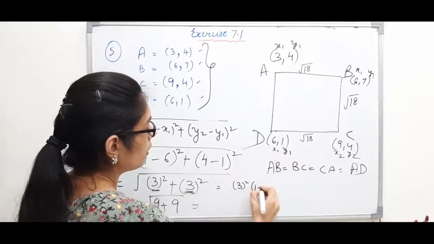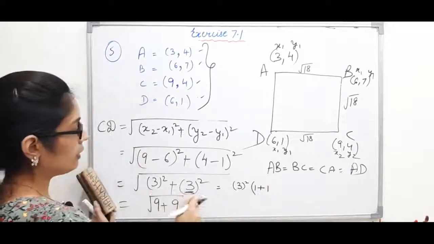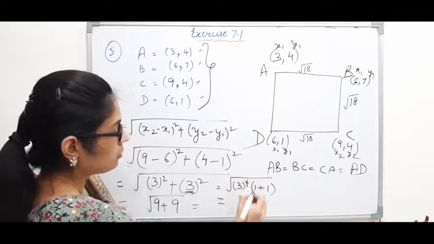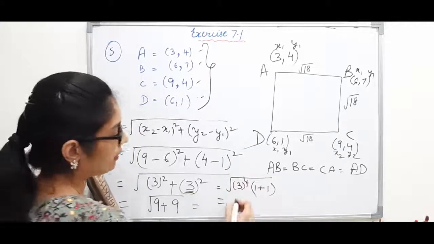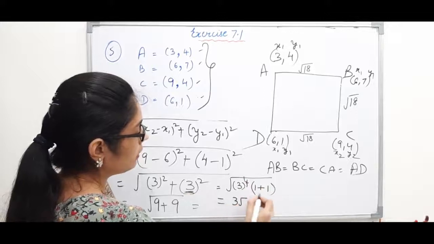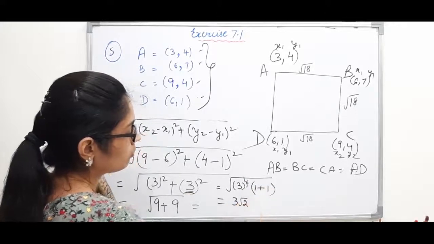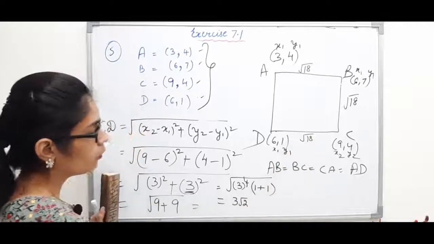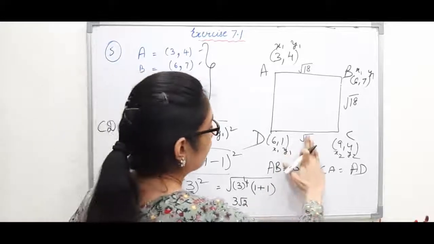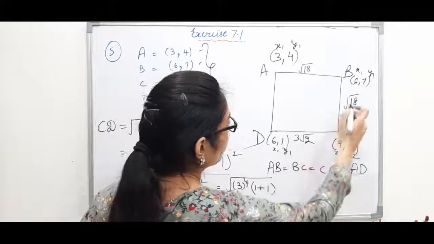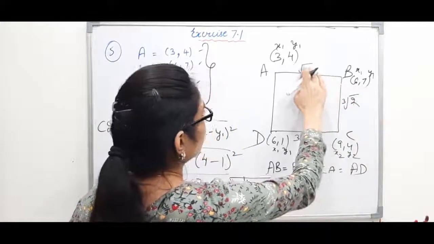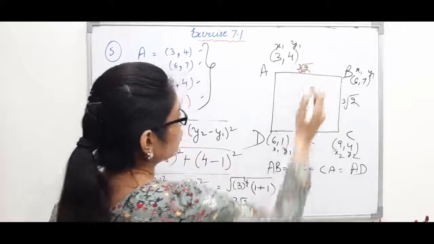So here I am left with 1 and here also 1, square root. So this square and this root will get cancelled. So 3 will be outside and 1 plus 1 is 2. So it will be 3 root 2 also. So root 18 is 3 root 2 also. So we will write 3 root 2, here also we will write 3 root 2. If you write in this way also, still it is fine.